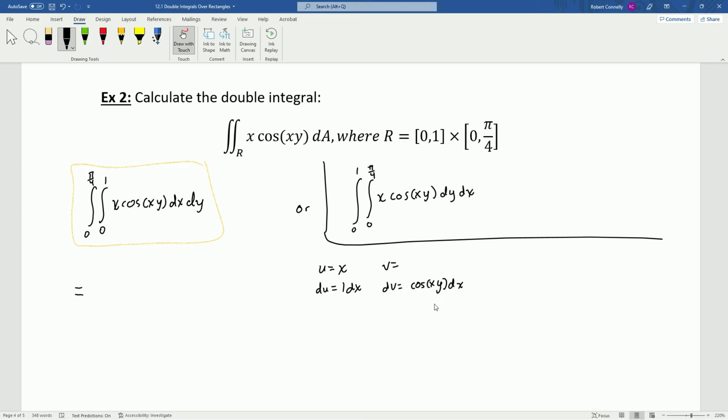Now, I technically need a substitution rule here, but that substitution is going to be w equals xy, so dw equals y dx, so I divide by y. So I end up with just sine of xy divided by y.